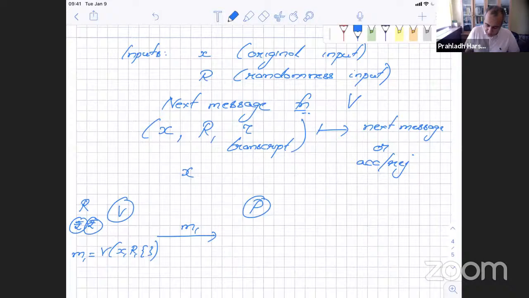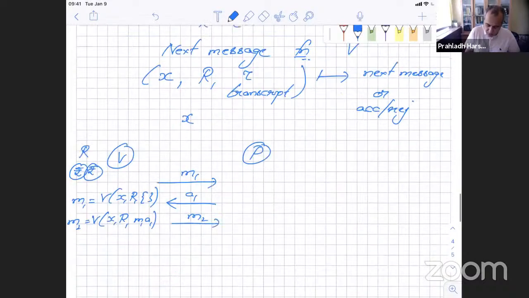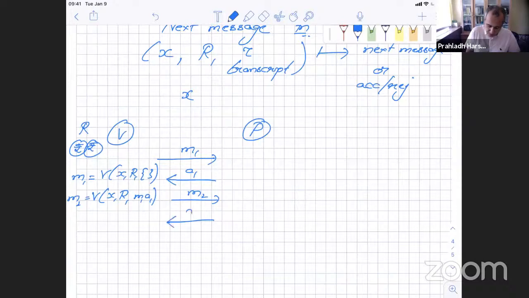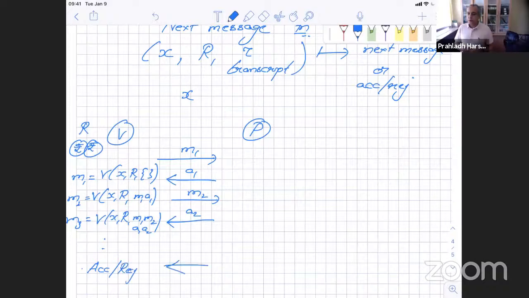The prover then returns an answer, A1. Then M2 is V of X, R, M1, A1. Based on that, he gets M2 and asks it. The prover returns A2. He finds M3 based on V, X, R, and the transcript so far, M1, M2, A1, A2, and keeps on going. At some point, he decides to either accept or reject.